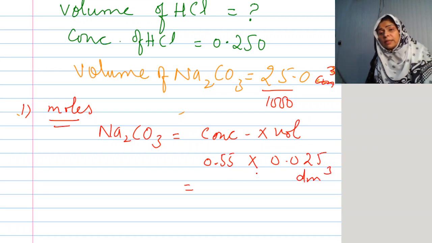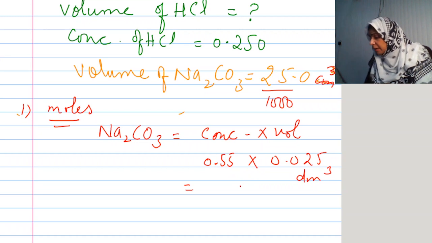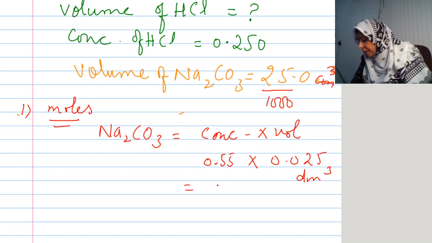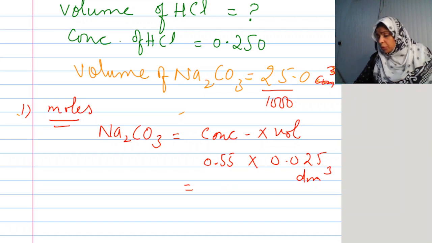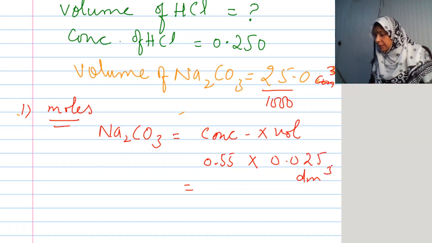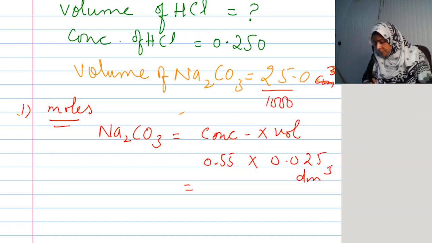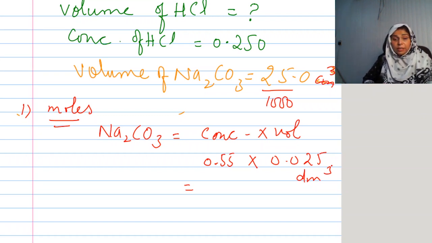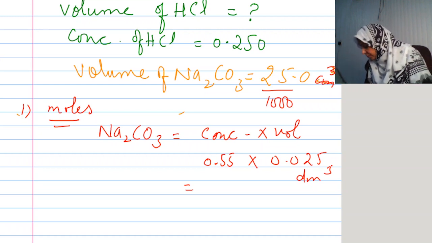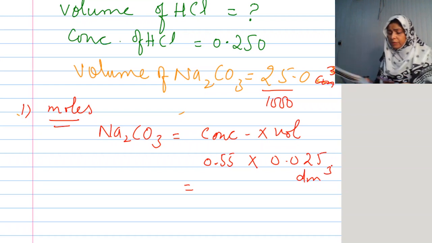So concentration into volume, 0.55 multiplied by 0.025, and the answer is 0.1375.